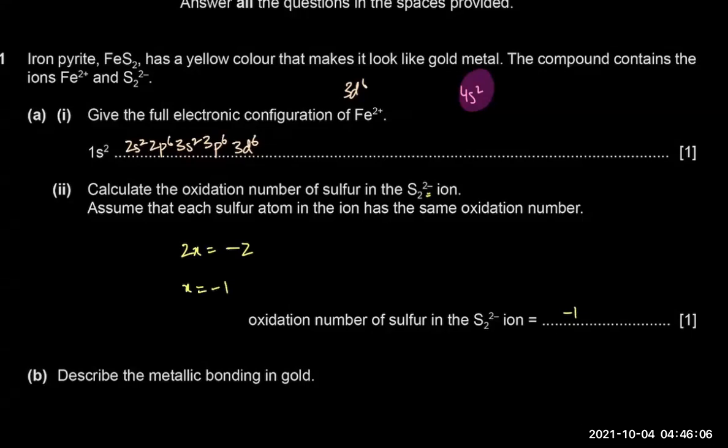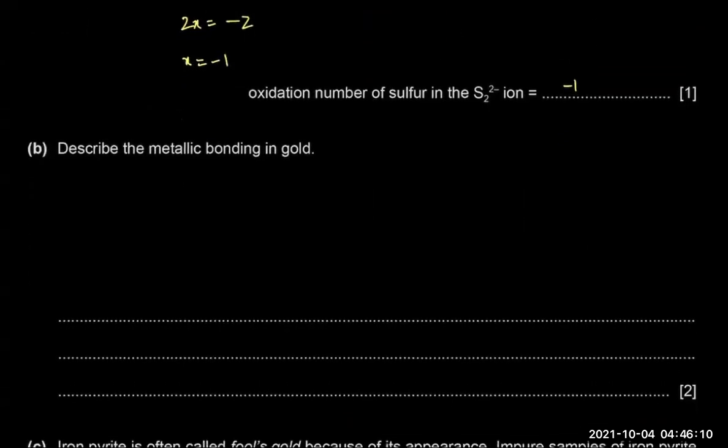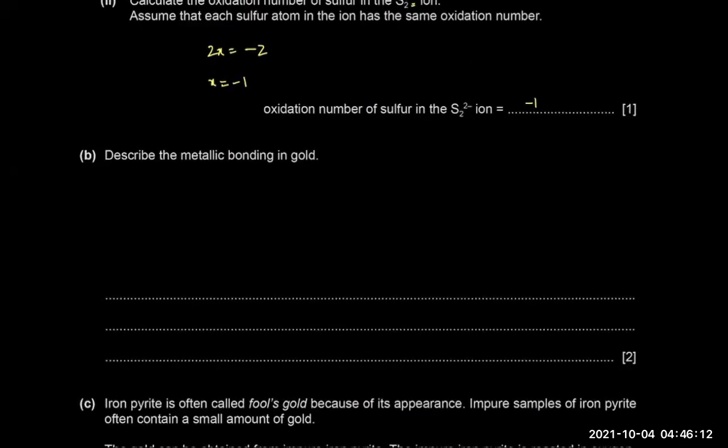Describe the metallic bonding in gold. How do we describe metallic bonding? Delocalized electrons, right?